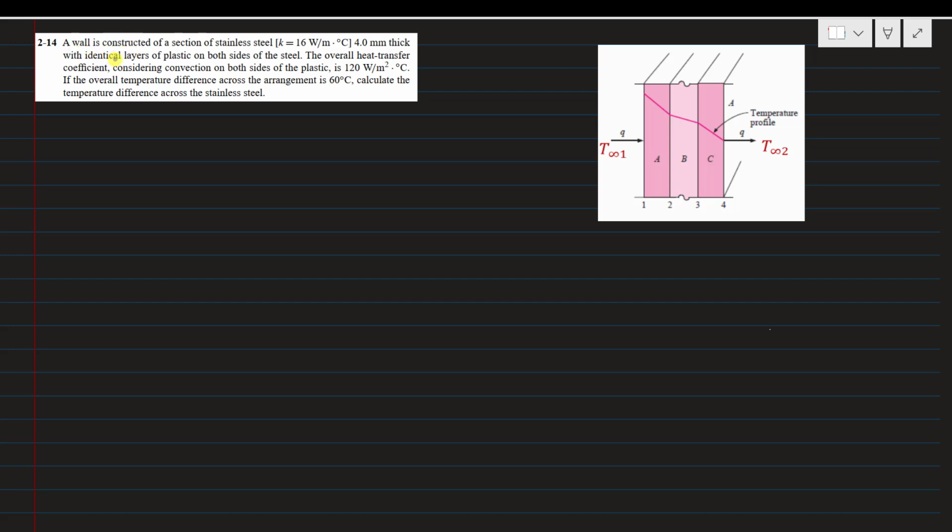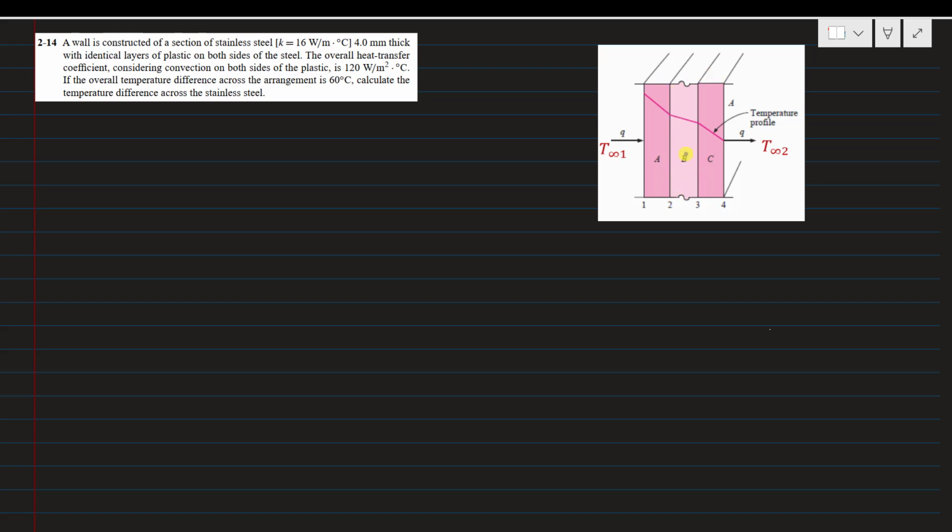So the problem is very easy, just to understand the concept of what it basically says. Let's say this in between is the stainless steel section, and on both sides there is a plastic arrangement.